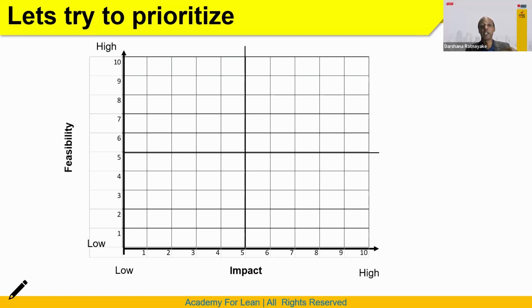Impact means if we do this project, how much benefit we can get for the company. High feasibility means we can easily do it. Low feasibility means it is very difficult to do. High means easy to do; low feasibility means difficult to do. These are the two axes, the feasibility axis and the impact axis.